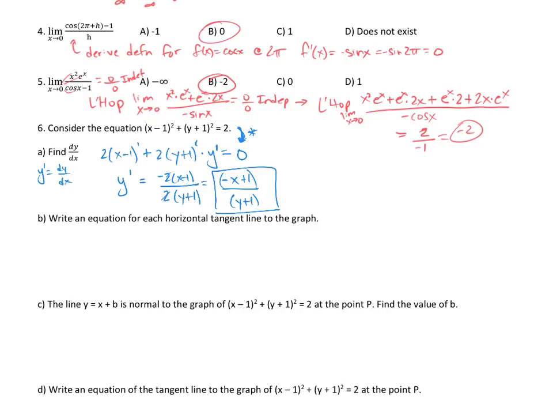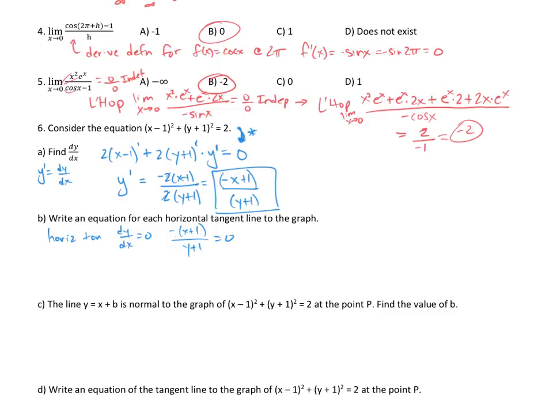Okay, now in part B, it asks us to write an equation for each horizontal tangent to the graph. All right, so let's take a look. Horizontal tangents is when we have our dy/dx equal to 0. And now we have a dy/dx. So that means I need the negative x plus 1 over y plus 1 to be 0.